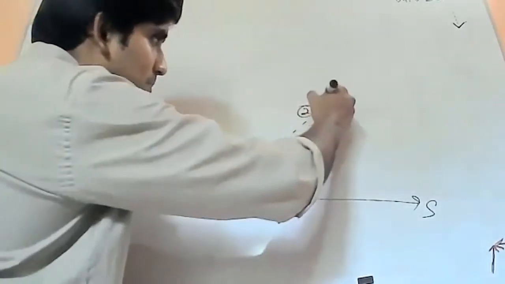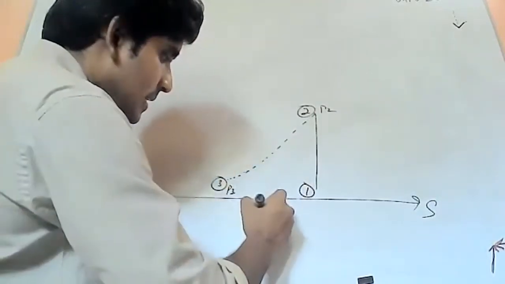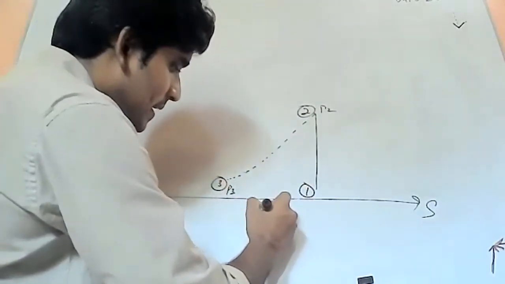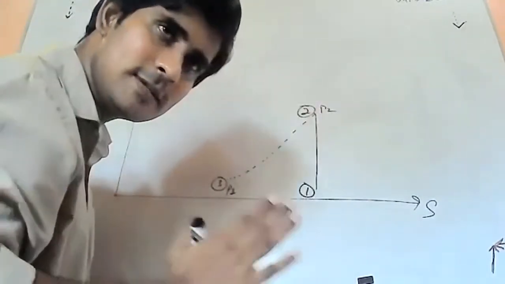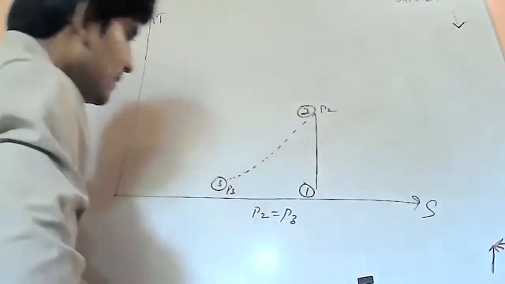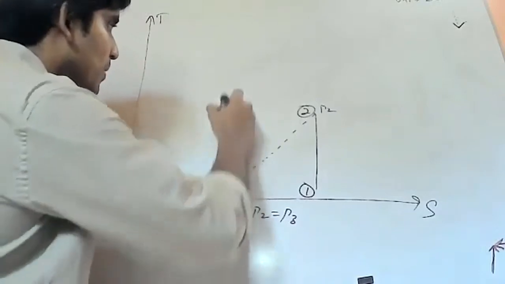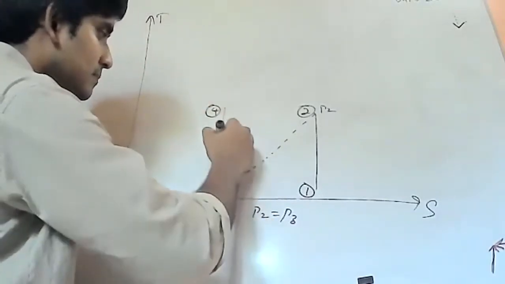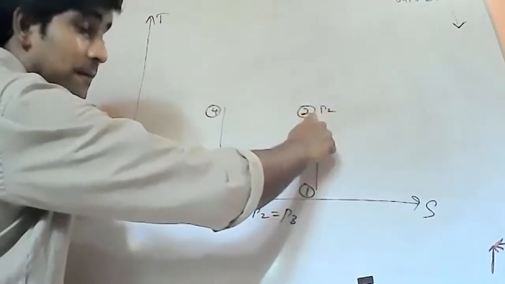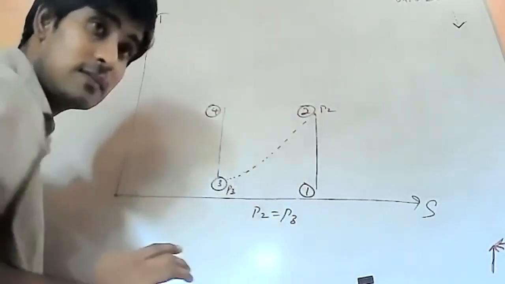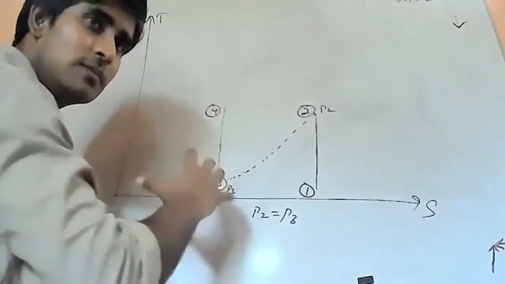But be careful, if this pressure is P2 and this pressure is P3, guys, P2 equals P3, because cooling takes place at the same pressure. So then the second compression process, 3 to 4, the level of 2 and the level of 4. So now this is the end of the second compressor.